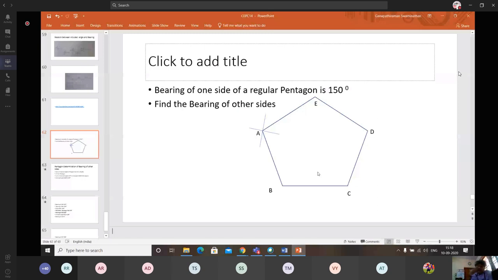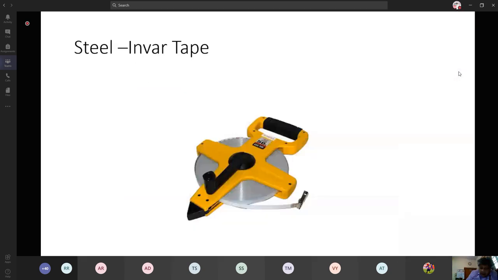Okay. What is the back bearing of BC? Back bearing of BC? 258.